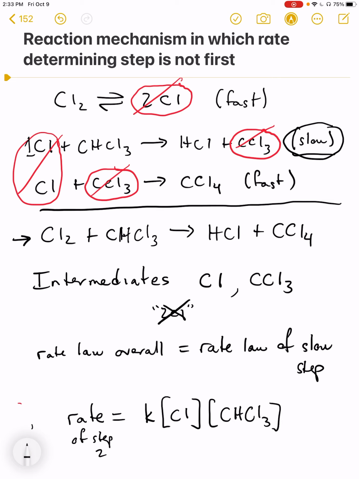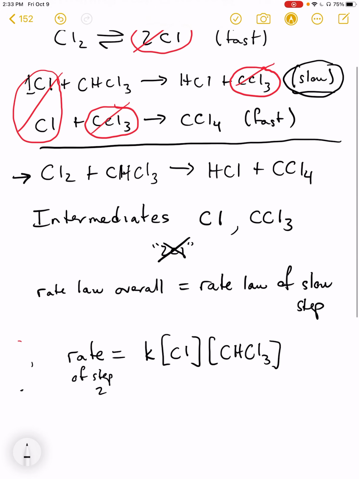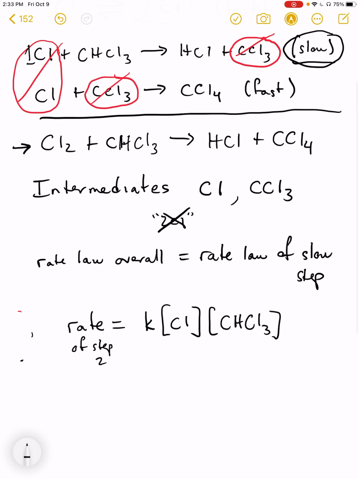So that is the rate law of elementary step 2, and it should be the rate law of the entire reaction. But we have one problem here. The problem is that an intermediate cannot appear in the rate law.